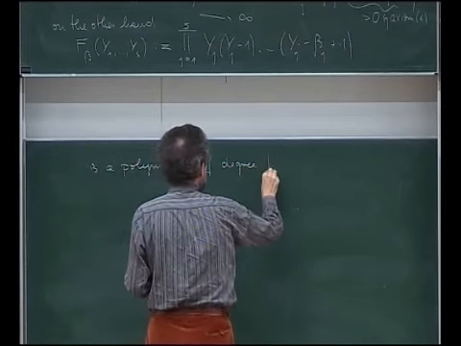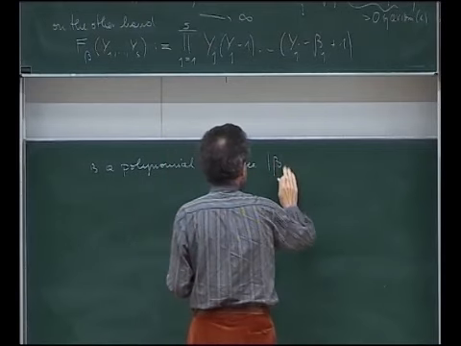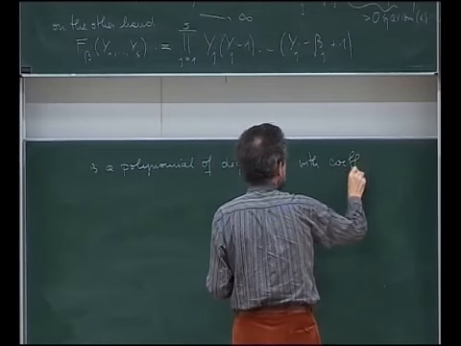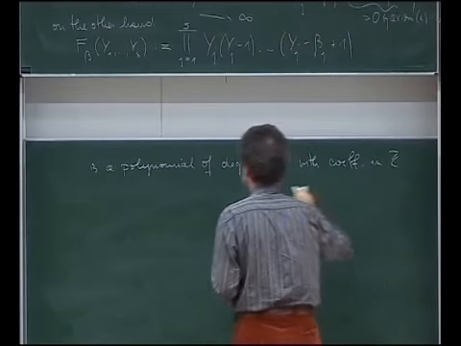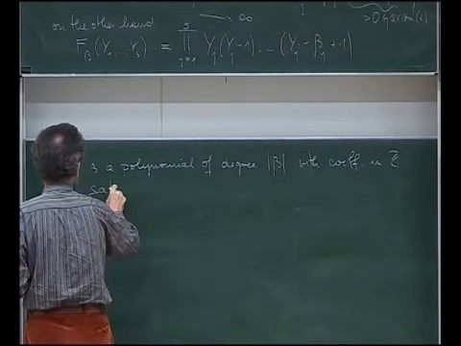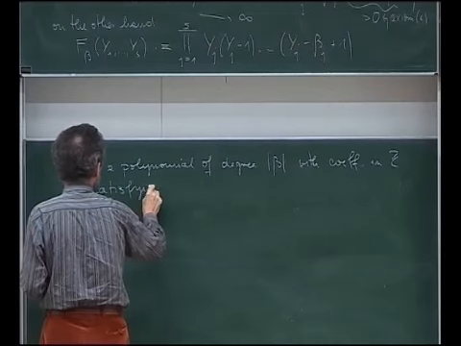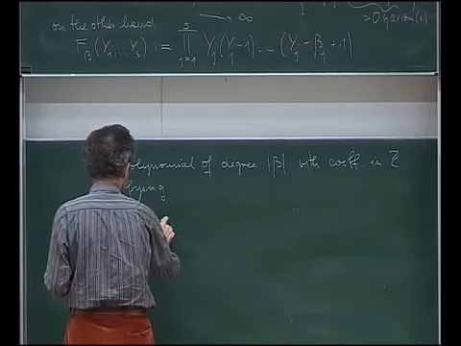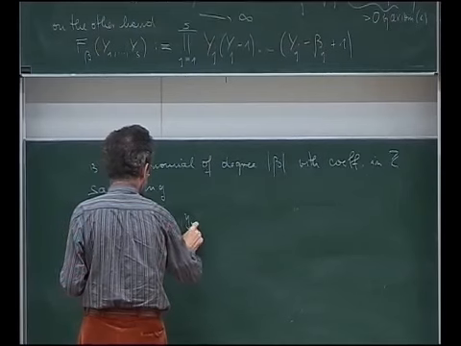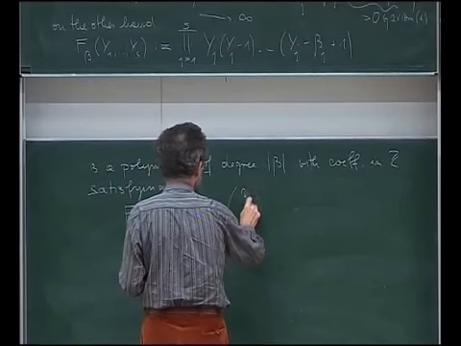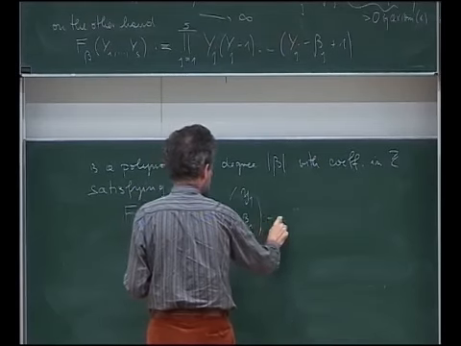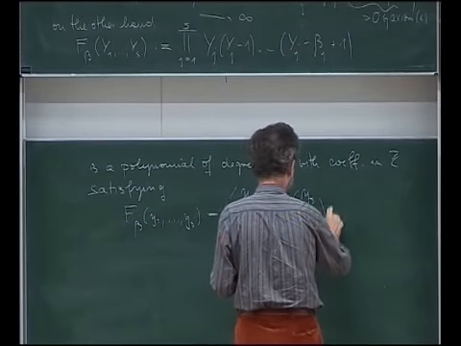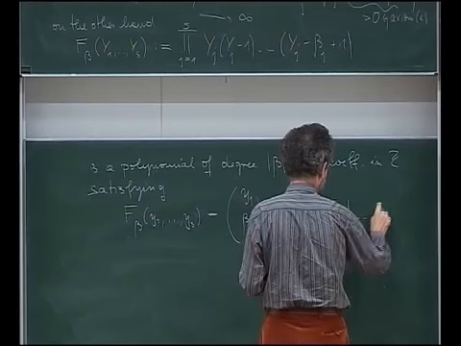And you see, this is a polynomial of degree theta with integer coefficients, satisfying that if I insert such a y1 up to ys, I simply get this thing here.